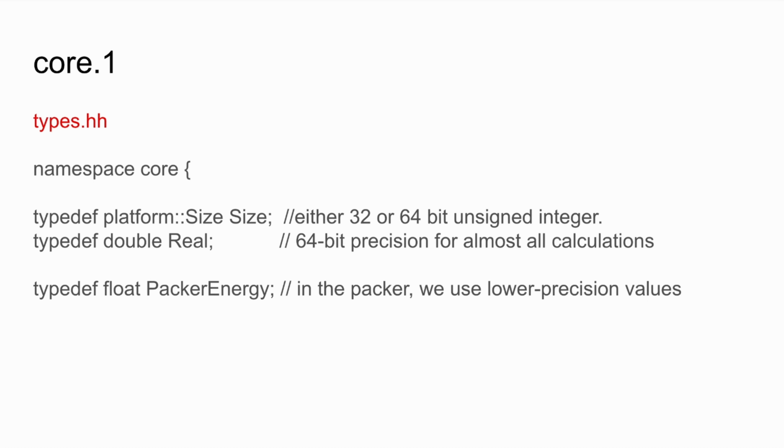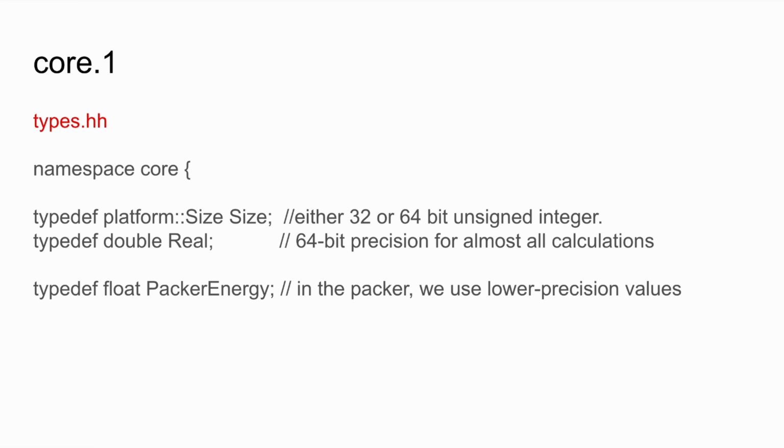So core 1, we've made it to core 1. There's types in there, there's graphs in there. Types are basically the types that when you call and say there's a size or a real, we're basically telling Rosetta what that means depending on the platform that you're on, depending on the computer that you're on.